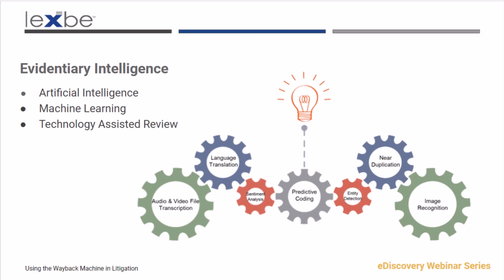At Lexbe, you also get the latest in AI algorithms that help you quickly navigate massive data sets, maintain control of your cases, and gain the time you need to build a strong case. Lexbe AI algorithms perform multimedia file transcription and search, language detection and translation, sentiment analysis, entity detection.